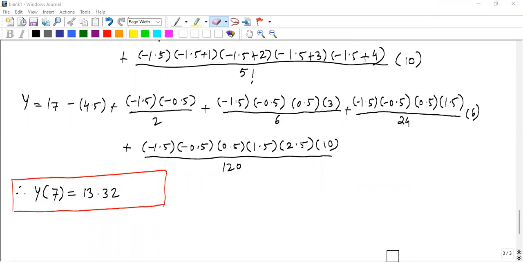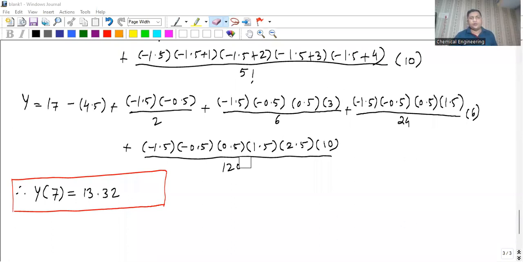If you are getting the same, then it's correct. Sir, I am also getting the same value. You are getting the same value or a different one? Same, sir. All of you are getting the same value. That means this value is correct.